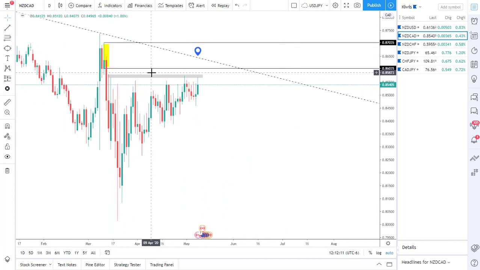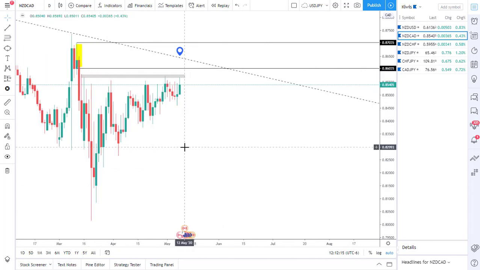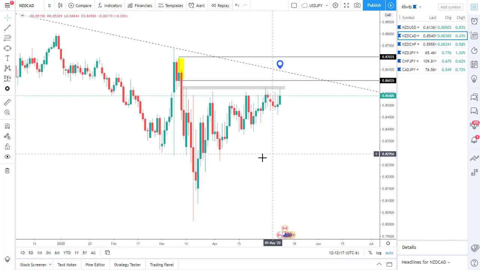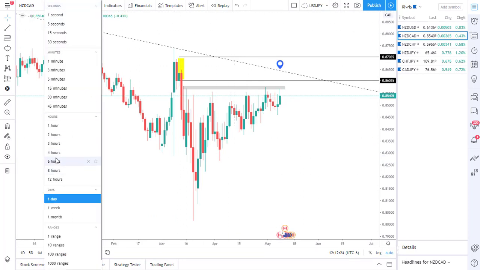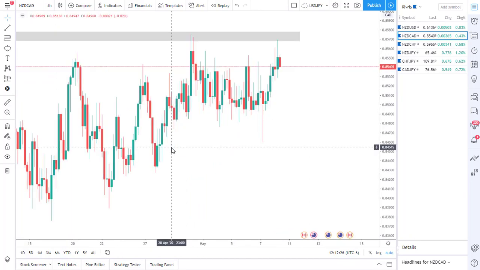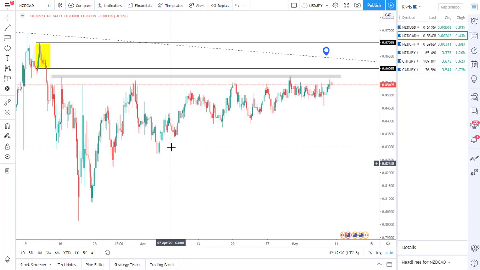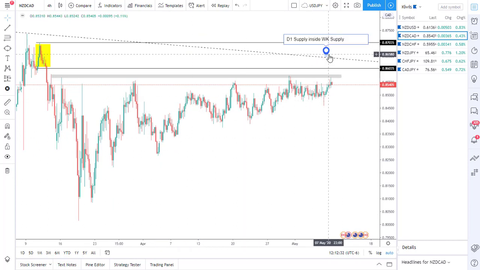On the daily we can see the drop. This doesn't look like a very good zone. However, it's still a zone. That's why confirmations are very important. What I like about this analysis is that we may have liquidity up there.